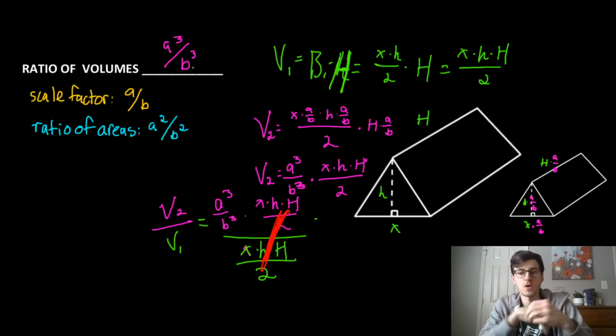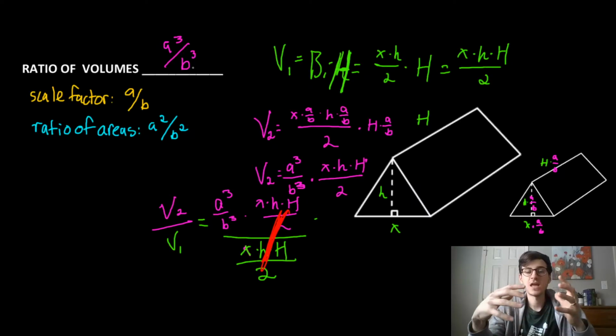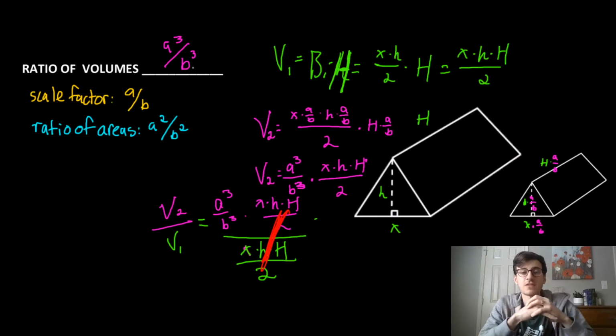Or you could do it this way, where we use just the side lengths. So that is the explanation: when we talk about two three-dimensional figures, if I say it has a scale factor of a over b, or a to b, that means we're comparing the side lengths. Because the ratio of areas would then be a squared to b squared, and the ratio of volumes would be a cubed to b cubed.